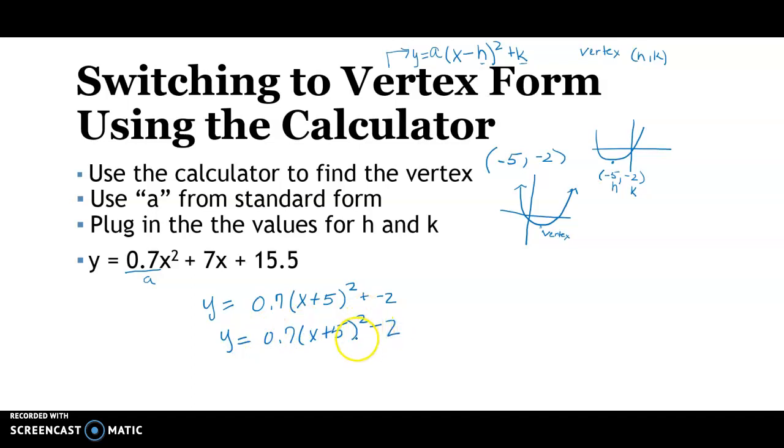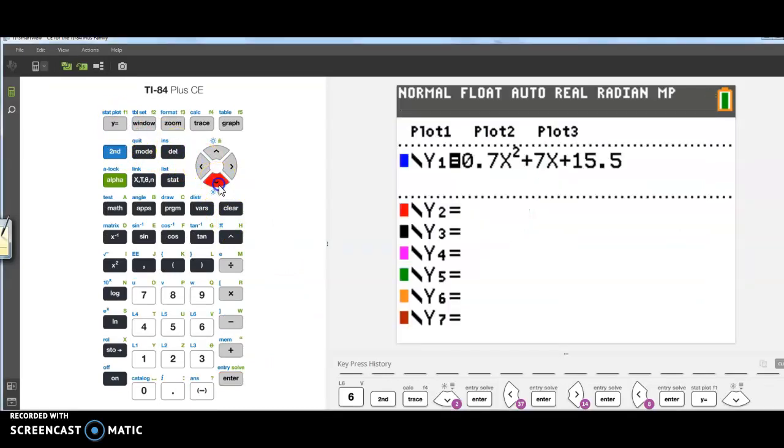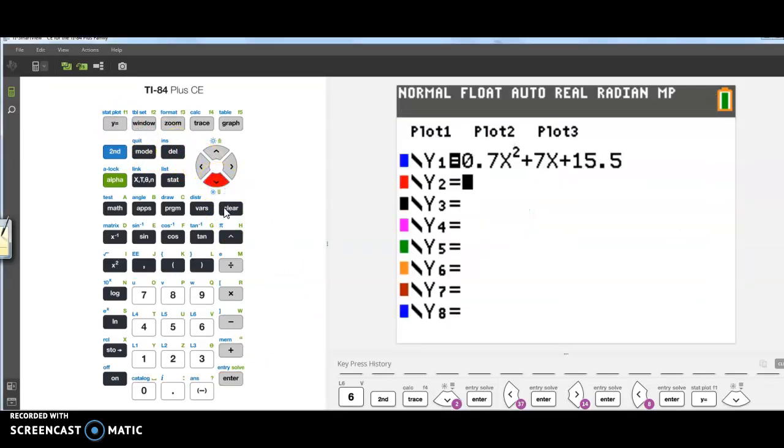Now, just to verify this, I would like to go back to our graphing calculator and graph this so that you can see that it is truly the exact same equation and the same parabola as we had here. It's just a different format. So, in my y equals, I'm going down to my y2, and I'm typing my vertex form of this parabola.